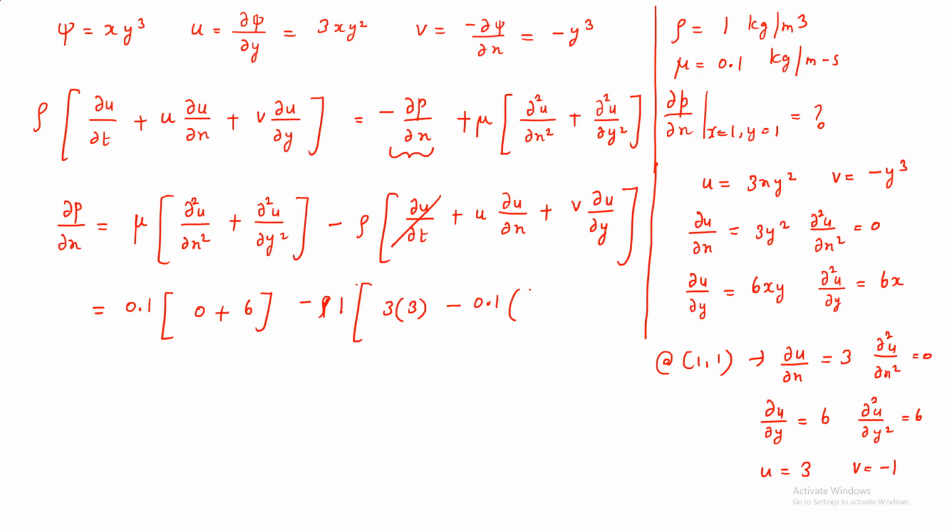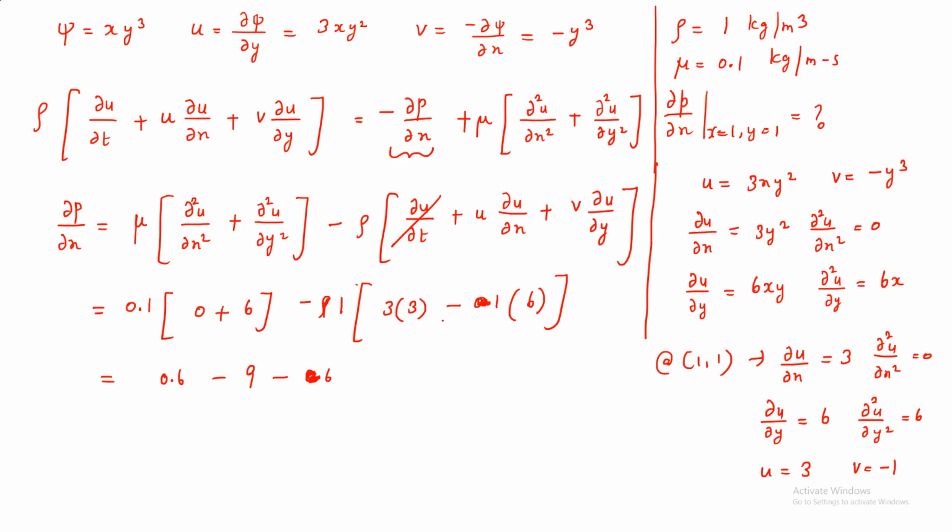Times 0.1, right? And dou u by dou y is given by 6, right? So we get 0.6 minus 9 minus, sorry, this is minus 1, so we get minus 6, right?